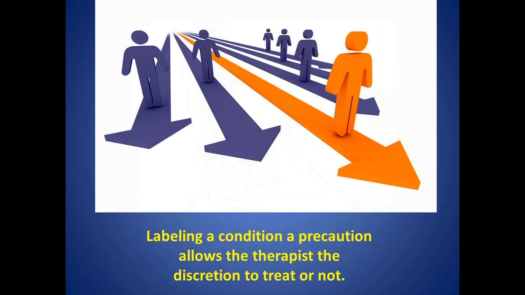If you label a condition, let's say open trach or a stoma site, as a precaution, it allows you, the therapist, the ability to have some discretion and to weigh the cost versus the benefits of putting a patient in the pool.